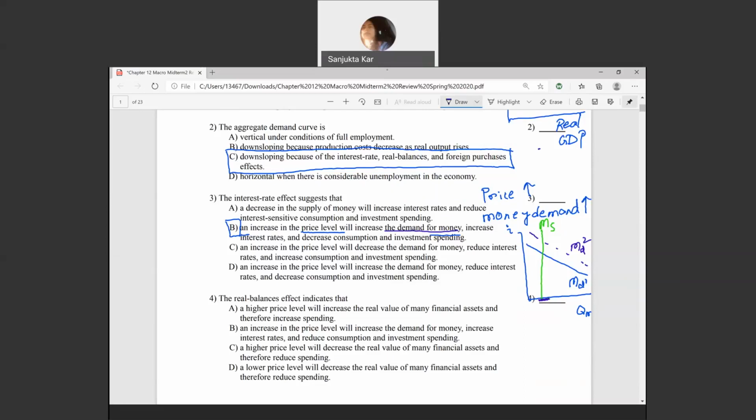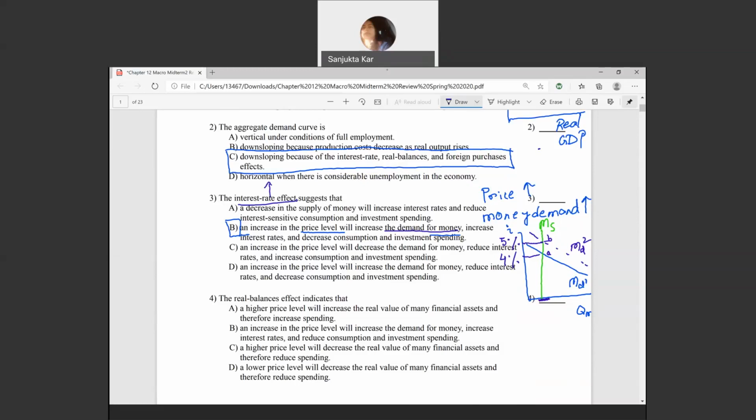We have two intersection points, A and B. At A, the interest rate is 4%. At B, we have a higher interest rate, which is 5%. So when price increases, what we see is the interest rate also going up.